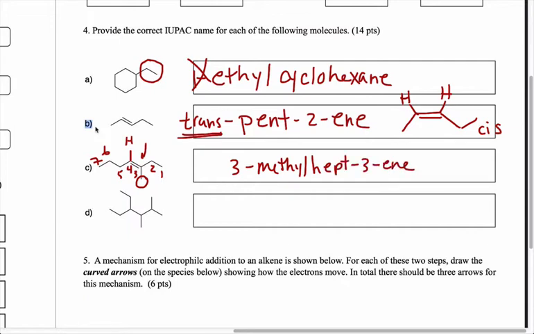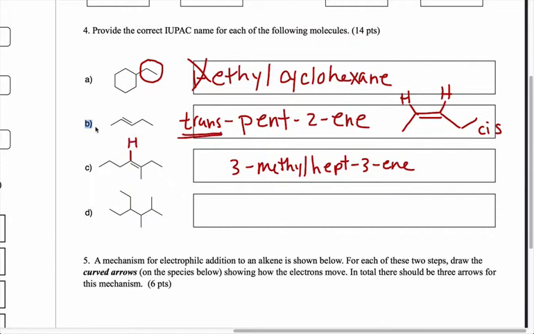Okay, so that's the molecule name, but you need to indicate the positions of the highest priority groups on either side with an E or a Z distinction. So on the left side, I'm going to erase this, put the hydrogen back on.